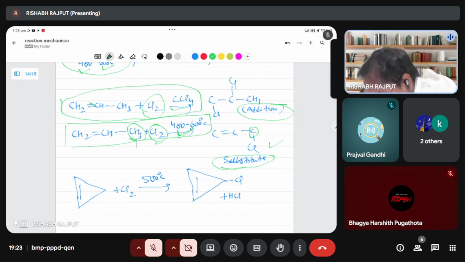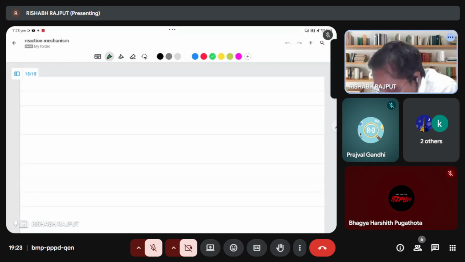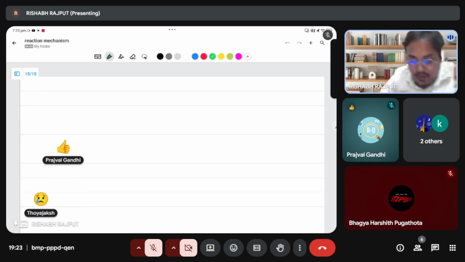And here you also observe this carbon is the alpha carbon. In the presence of high temperature, chlorine will come on this carbon. Okay, guys. Now I will teach you the mechanism part.